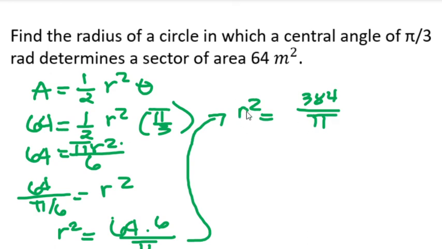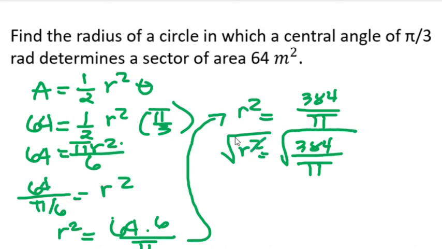To get the radius, which is what we're looking for, we take the square root of both sides, which cancels the square of the radius. So, r is equal to the square root of 384 over pi, and that is in meters.